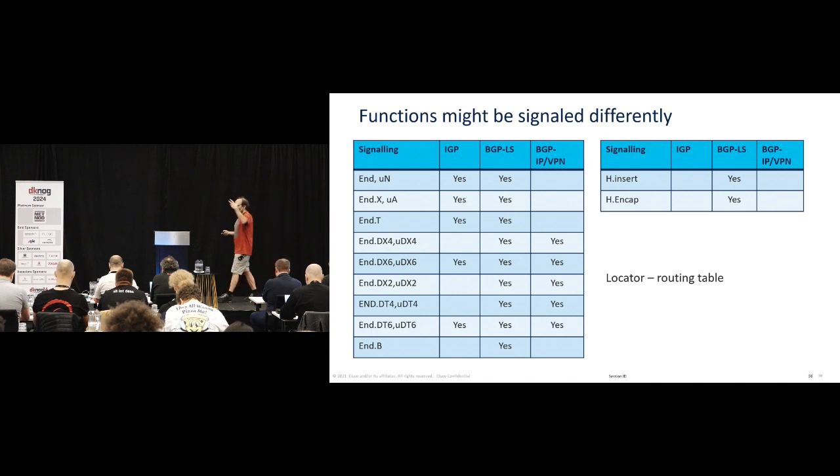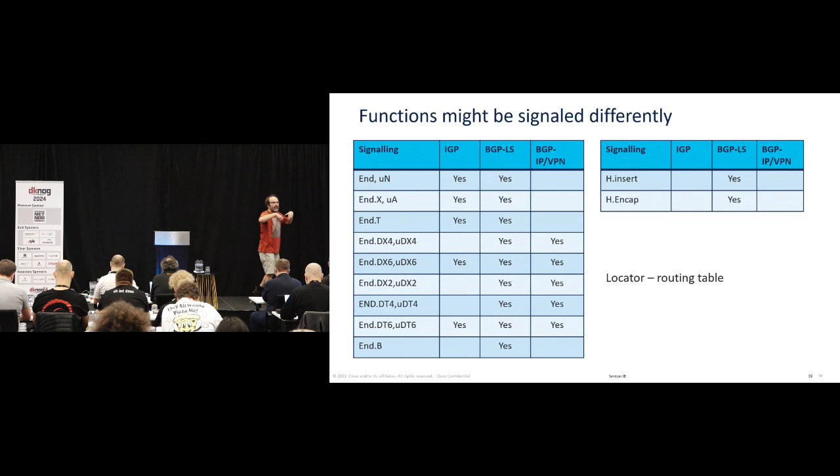So D functions typically make sense only in overlay. On the other hand, End or End.X functions make sense only in the underlay. All of the functions we are advertising in BGP-LS. BGP-LS is basically collecting all the information from the devices and sending it to the controller.